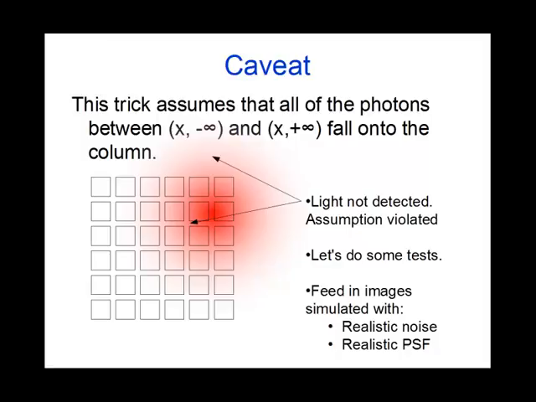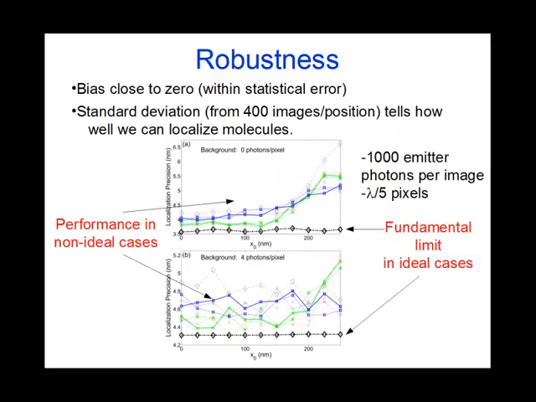So we just fed in a bunch of images generated with realistic noise and point spread functions, and fit them to this approximate point spread function using this assumption that we only need rows and columns. And what I want to draw your attention to in this complicated plot is that on the vertical scale, we have the localization precision.